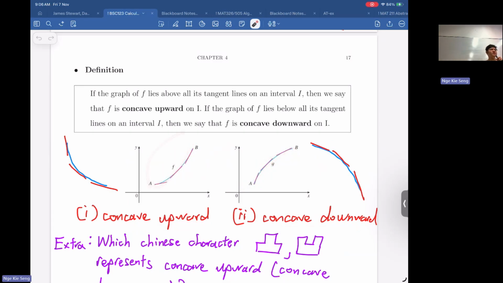Does it make sense? One way is concave upward, one way is concave downward, depending on whether your curve lives above your tangent line or below your tangent line. Both of them can be increasing or decreasing. So please take note: the thing is whether your curve lies above the tangent line or not.